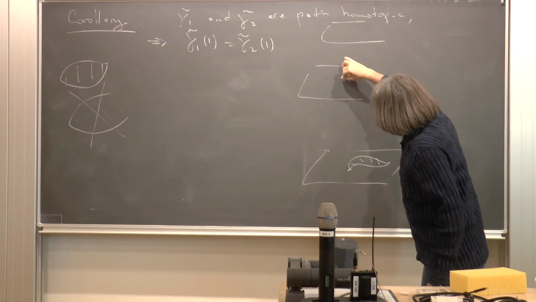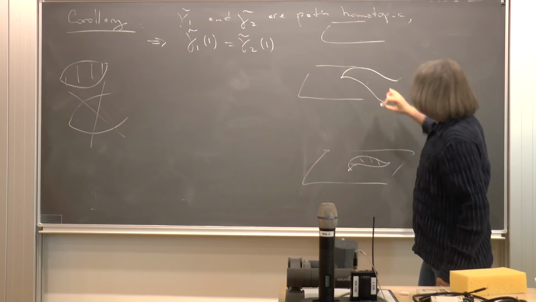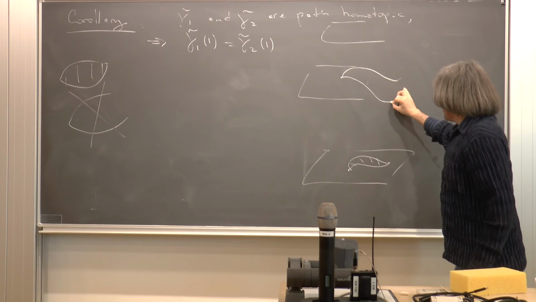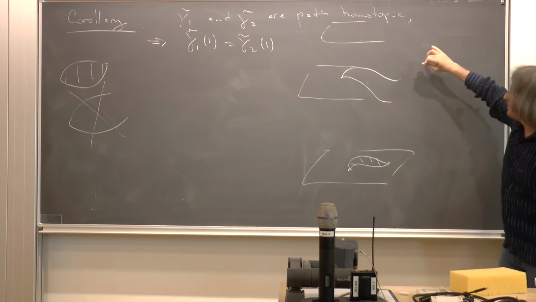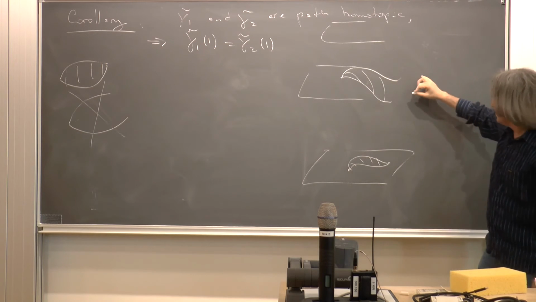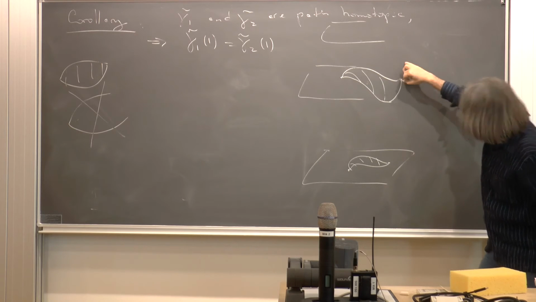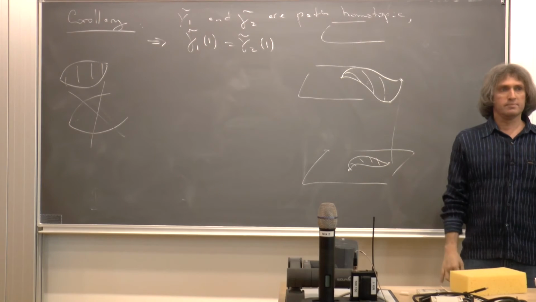And then there were two lifts. So this is a lift of one of them, and this is a lift of the other. In principle, they could end in different points. But the theorem says that this is not possible, and there's a homotopy which basically tells us that the image of one is the same point, and it maps here.